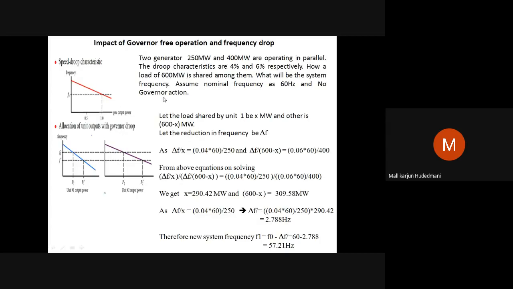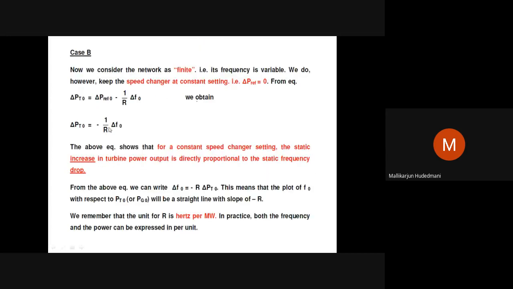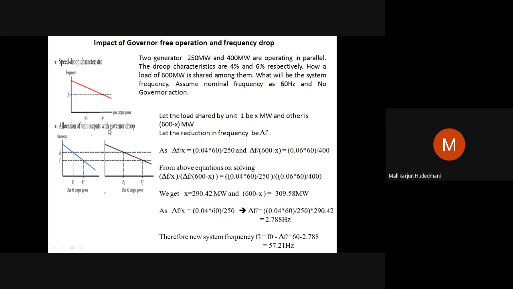Let's see one more option. If the governor is there, it will do this correction. If there is no governor, this is called the impact of governor-free operation and frequency drop. This is very important to understand. You will see in the numerical section of your exam question paper a text quoted this way, a two generator concept.